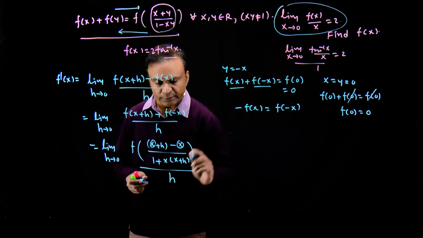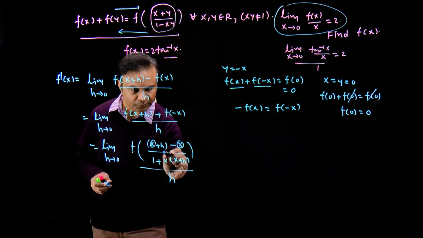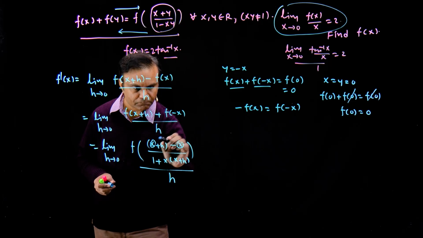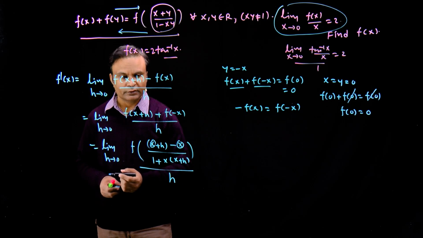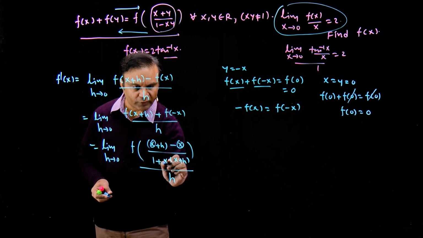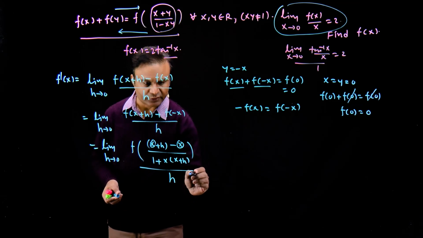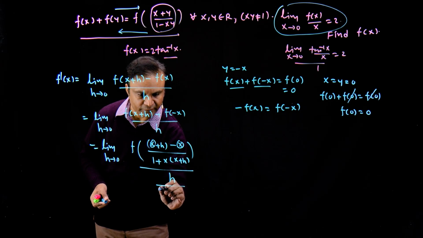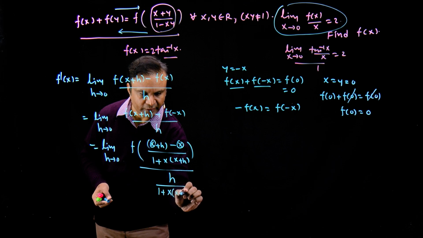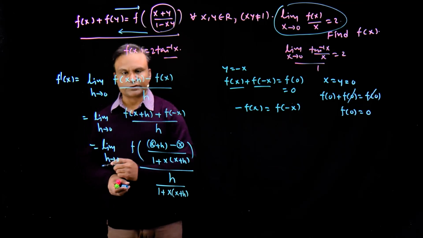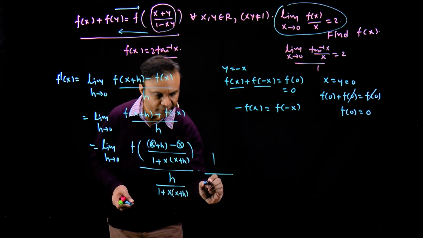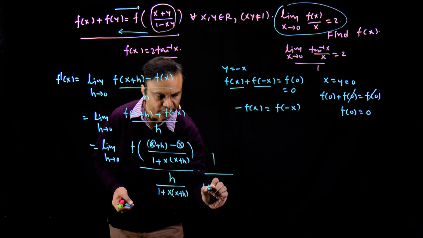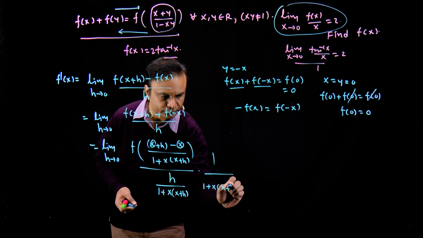So to use this, I must have the same expression which is here must be here. Now this is h upon 1 plus x into (x plus h). To create the same expression, I will multiply and divide the denominator by 1 plus x multiplied by (x plus h).